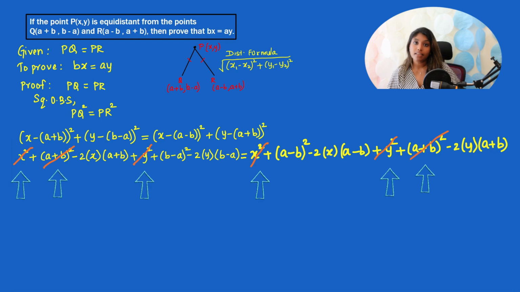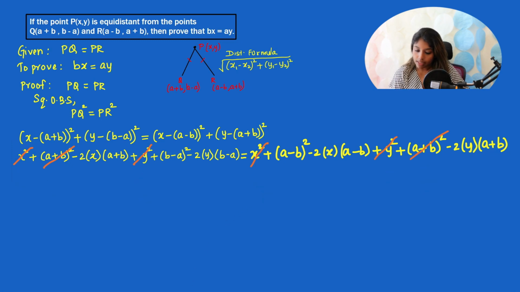Now let's simplify the remaining terms. So minus 2x, you can multiply it with a, you get minus 2xa, and minus 2x multiplied by b, you get minus 2xb. Again, this can be opened with the identity. So what do you get? You get a² plus b² minus 2ab.